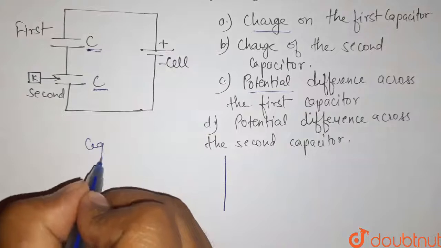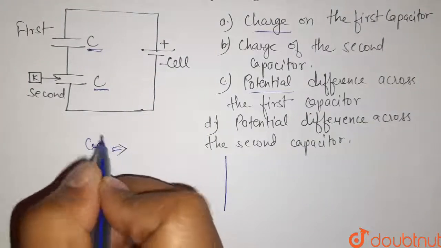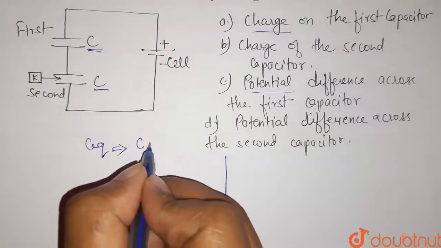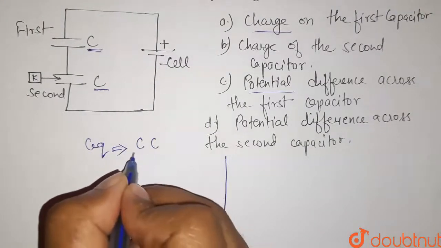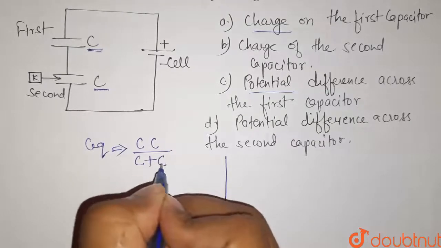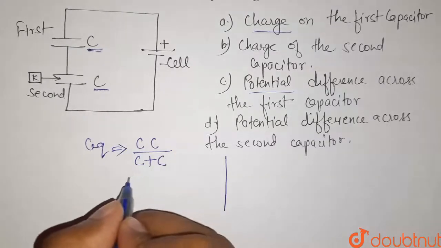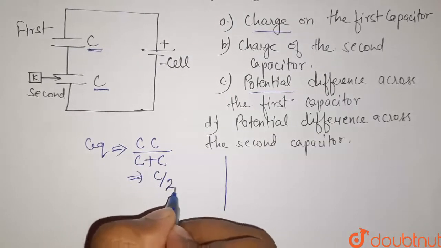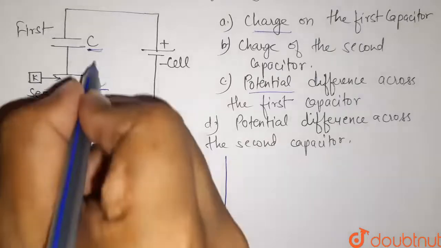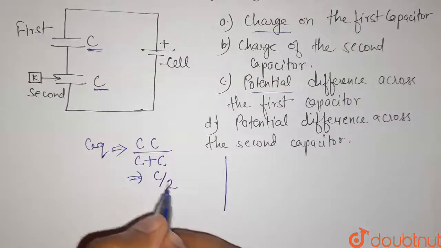That is why their equivalent is C1 into C2 divided by C1 plus C2, which equals C by 2.